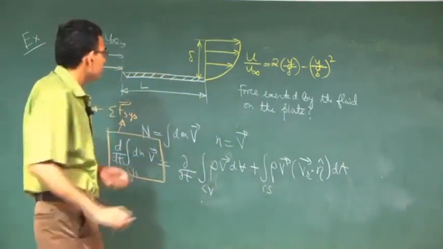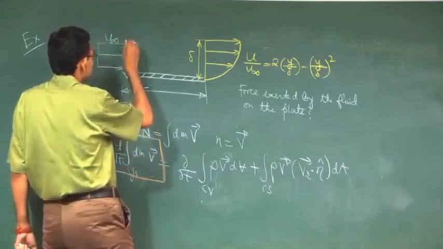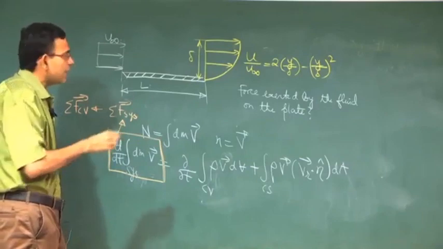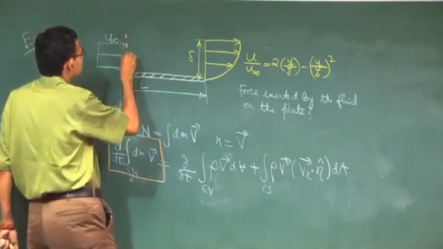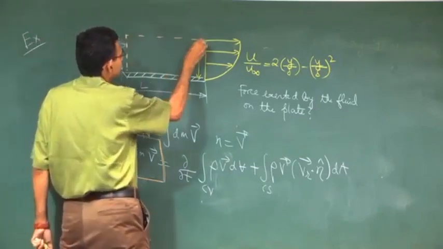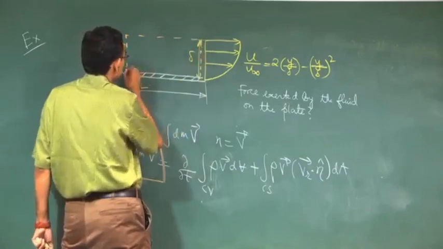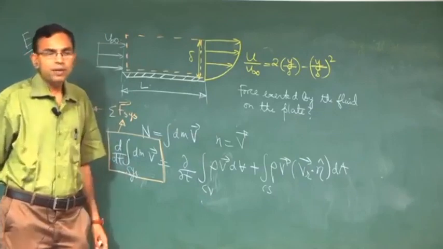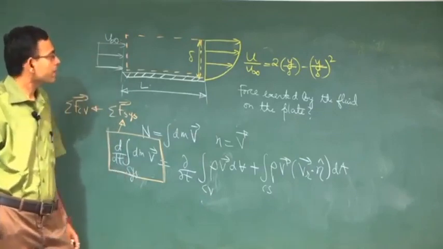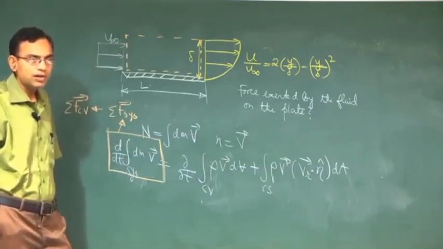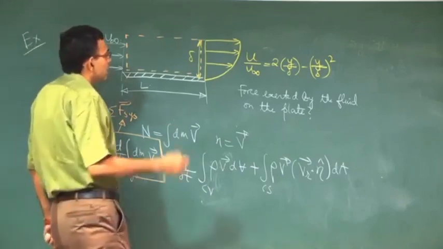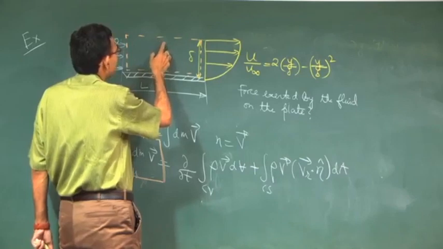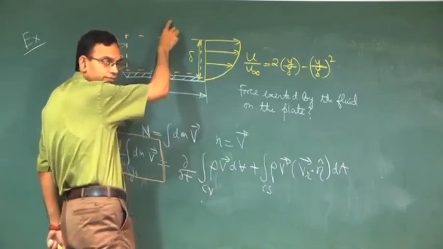Next what we will do, we will make a choice of the control volume. Now let me make a clear simple choice first and see what is the demerit of this choice. If you make a choice like this, which is a rectangular box, the problem is that there is some mass flow across this also.